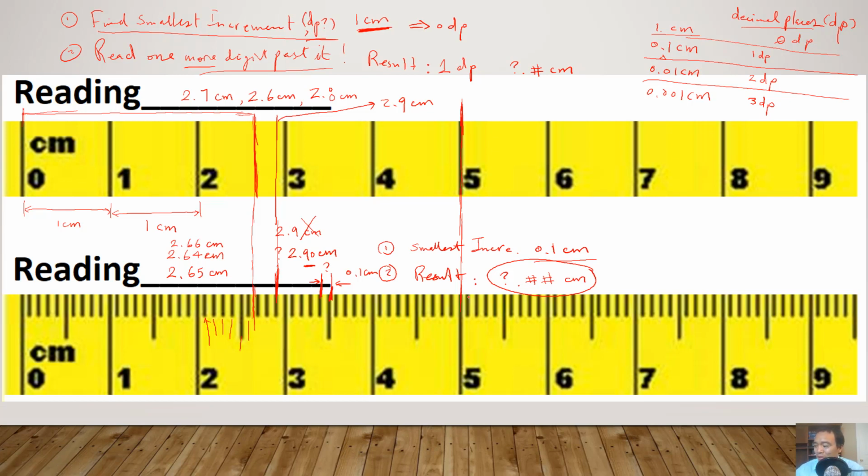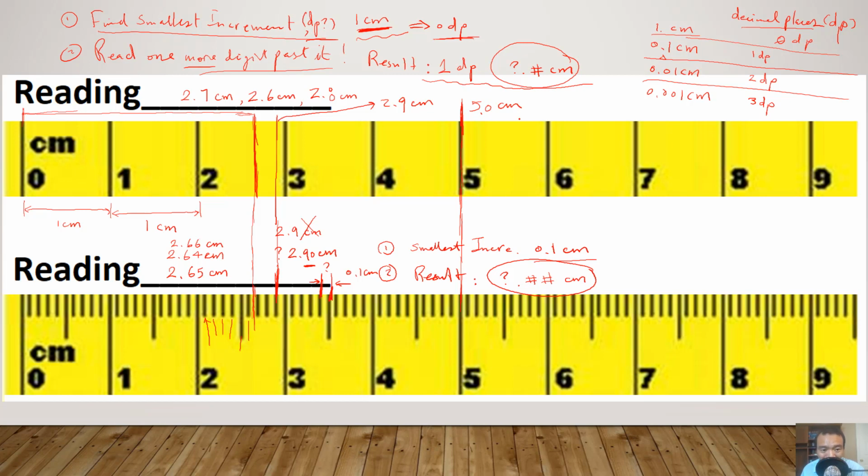You should record this in the correct format. As we analyze ruler A, which has 0 dp in the smallest increment, so your result should have 1 dp, 1 digit to the right side of the decimal point. So you will not make a mistake if you know that. It would be not 5 centimeter, but 5.0 centimeter.